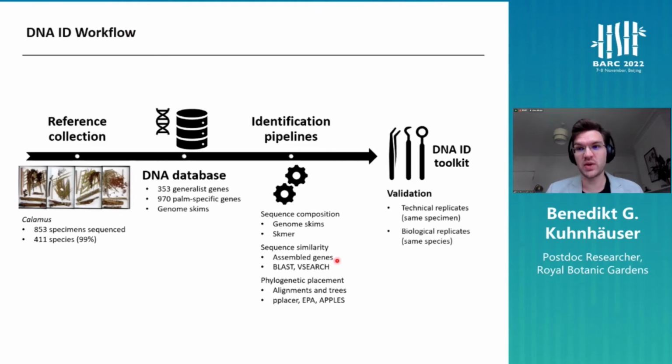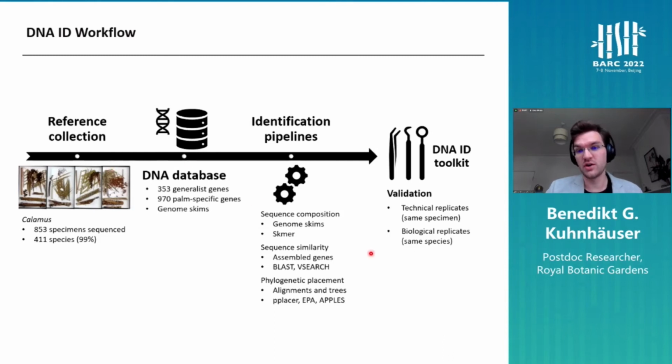And to validate whether these methods actually work or whether they give wrong results, we have included a good number of technical replicates, about 100, where we have sequenced exactly the same specimen twice. So for example, this specimen here, the right one, we would have sequenced 2 times. With this, you can check whether you get the correct results, or whether your results differ from one try to the next.